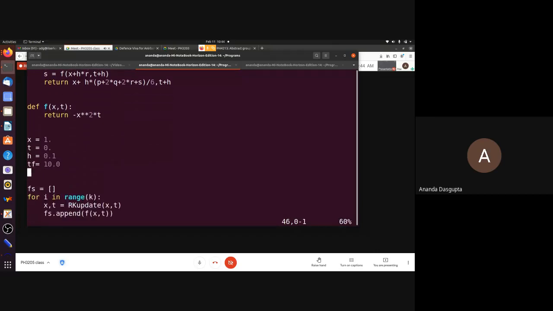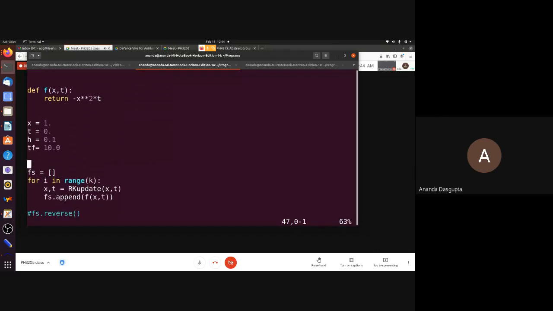So this is what you do. You first start with an empty list. Okay, I'm using Python code. I'm pretty sure those of you who do not know Python should be able to follow.